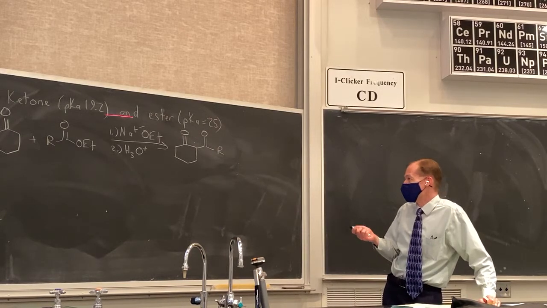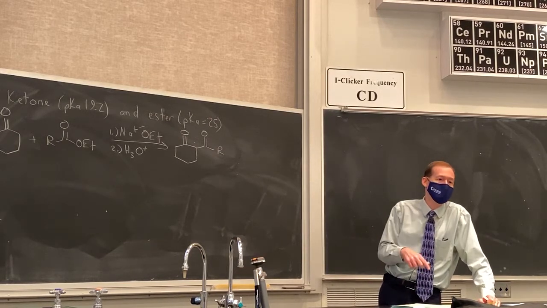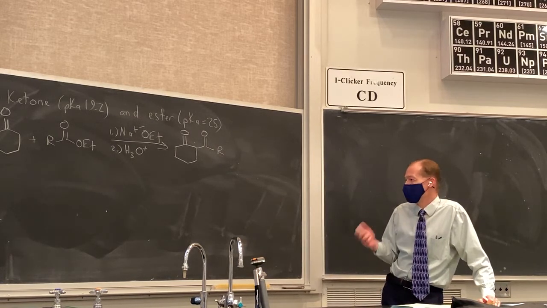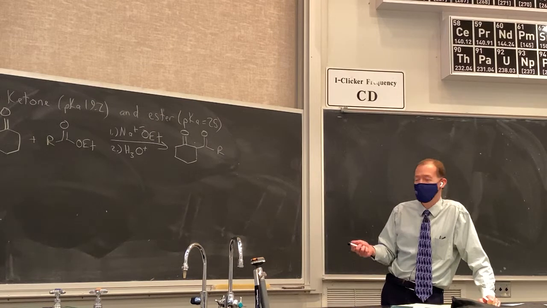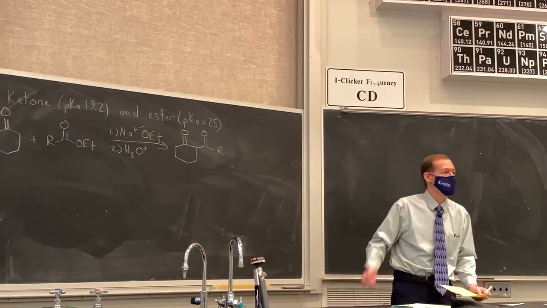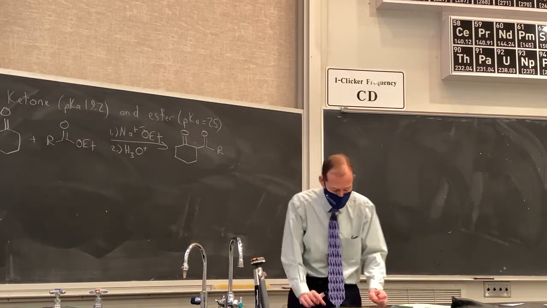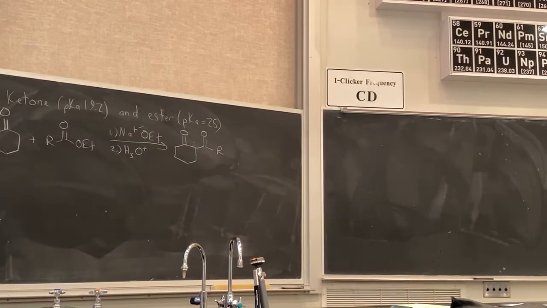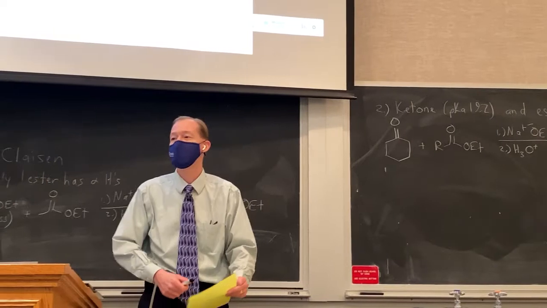This almost 6 order of magnitude difference in acidity is going to give us just a negligible amount of that ester enolate when compared to the amount of ketone enolate that is present. Any questions about how this particular crossed Claisen reaction works?